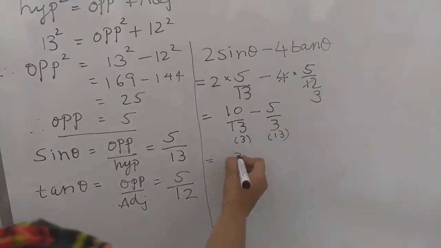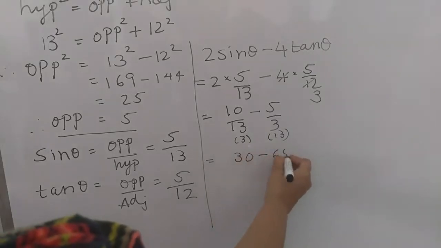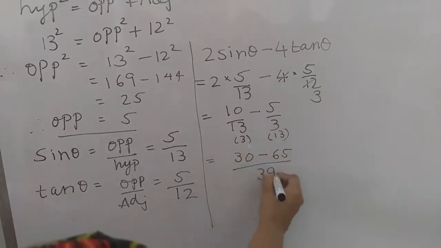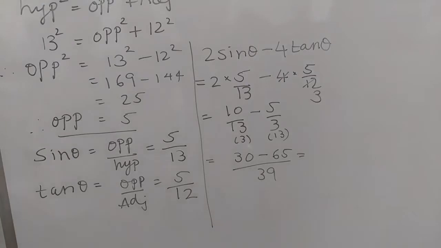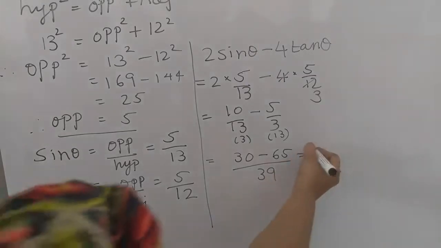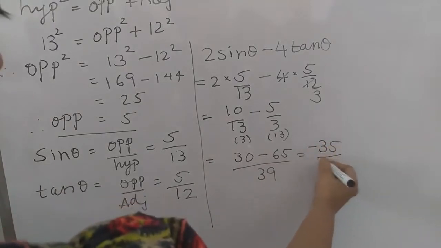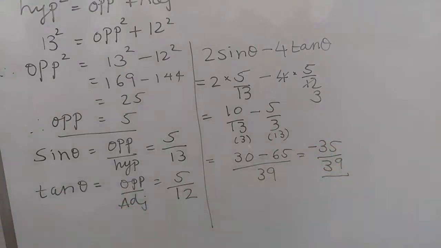So 10 3s are 30 minus 13 5s are 65 upon 39. Here 65 minus 30, we get minus 35 upon 39. So this is what we get as our answer, and sine and tan theta ratios are already written: 5 by 13 and 5 by 12.